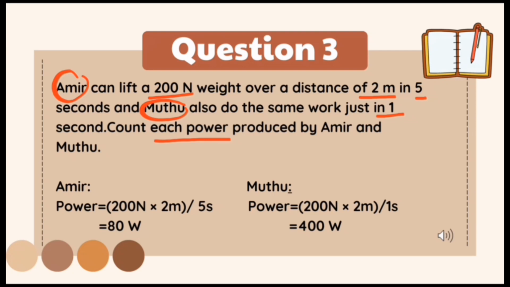For Amir, 200 Newton must be multiplied with 2 meters and divided by 5 seconds. The answer will be 80 watts. While Mutu, the power produced by him is 400 watts. So, we can conclude that the lower the time, the higher the power produced.